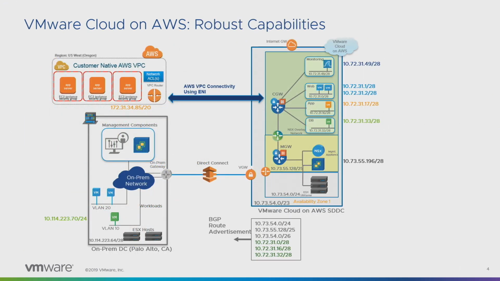Really quickly, I just want to show what's possible with VMware Cloud on AWS with all these features and how customers use this. Here, I have an on-premises data center environment, and here I have my VMware Cloud on AWS SDDC. The customer has hybrid cloud connectivity through Direct Connect for their hybrid cloud solution.